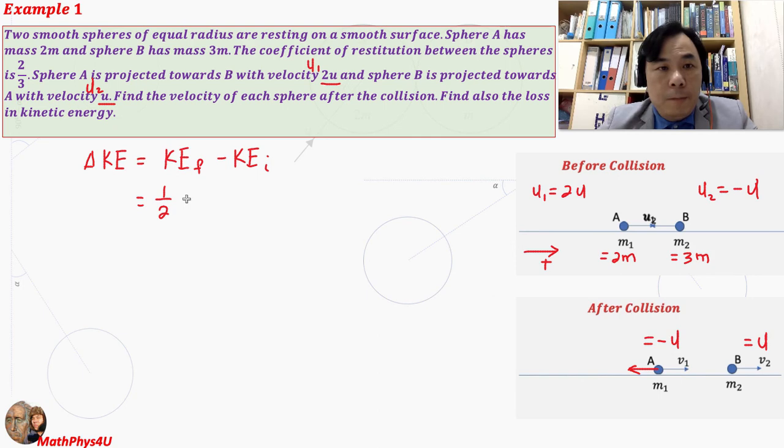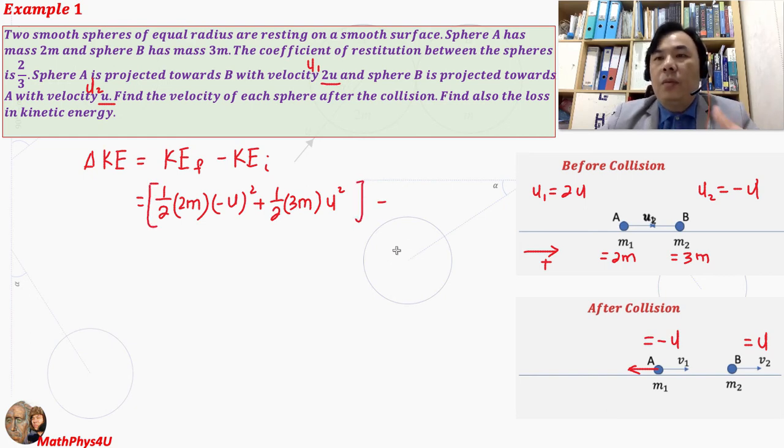That will be 2m, negative u square, and we have 3m, and then also moving at u square here. Right, now that will be our final kinetic energy. We're going to take the difference between the final kinetic energy and its initial.